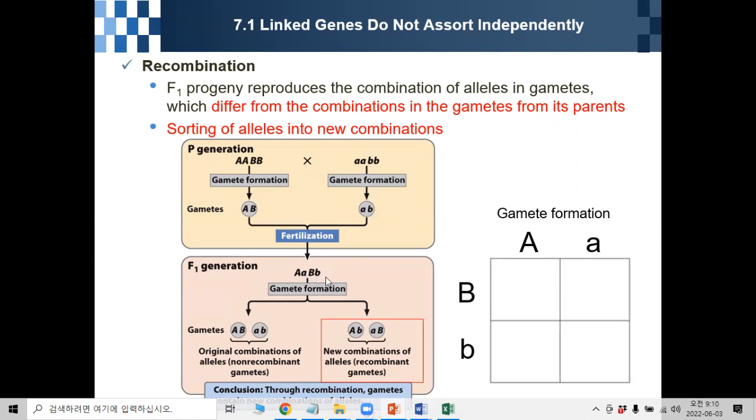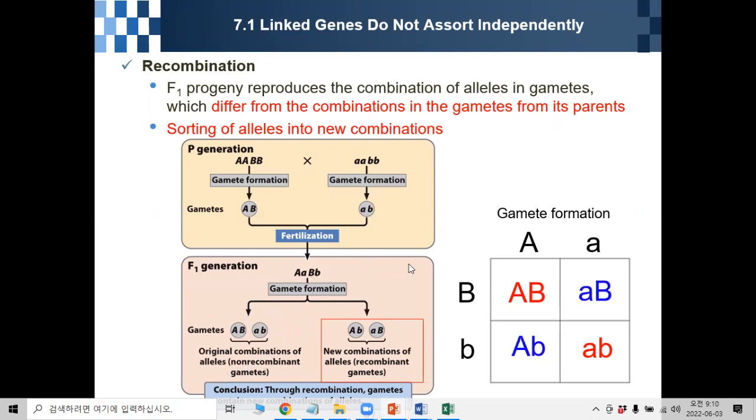To make the gamete, one case will be large A, large B, or small a, small b. This is the original combination of alleles, because it is exactly the same as the parents. So we call this the original combination.